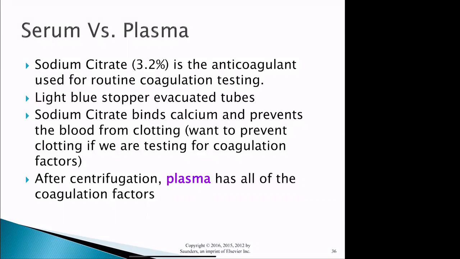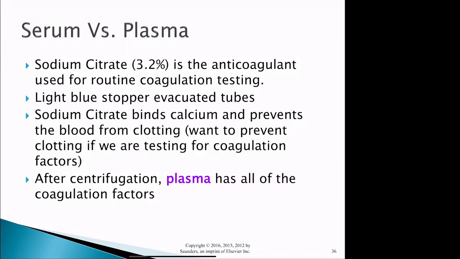The clotting factors. Yes, you need calcium for clotting. And so calcium is going to promote clotting, right? But when you bind it, that's not happening. So it helps in the anticoagulation of the blood.